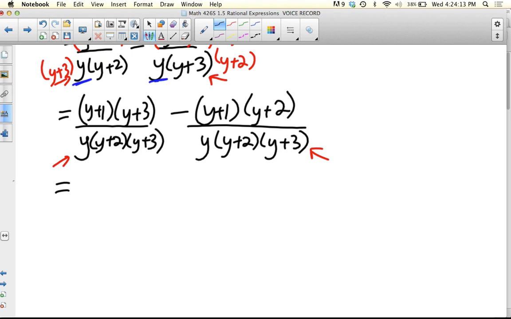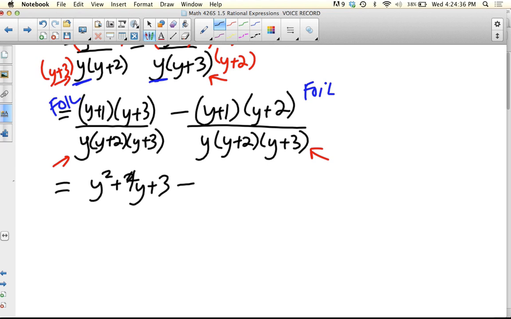So we're going to FOIL. Again, I'm going to trust that you're okay with your FOILing, and I'm just going to give you the simplified answer. It's y squared plus 4y plus 3, minus some more FOILing here. Now be really careful here.